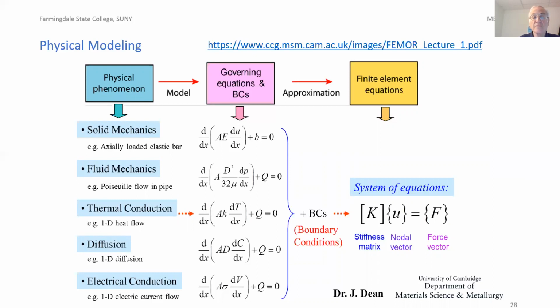They're all related with different system parameters, and they could be solved using finite element approximation with an online free sizing tool. The solution is always reduced to a forcing function with a stiffness matrix and the unknown nodal values.